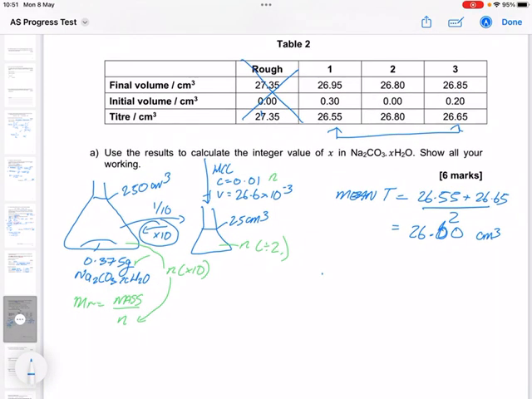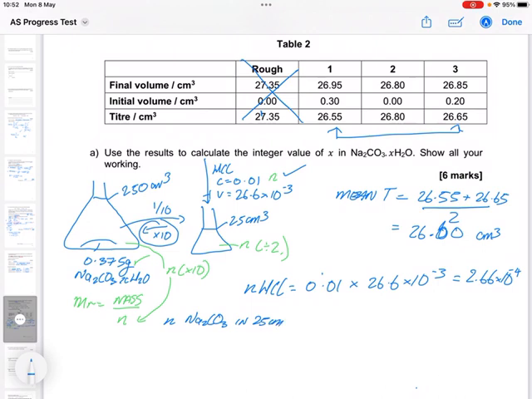So let's start this off then. So number of moles of HCl is equal to concentration 0.01 times the volume 26.6 times 10 to the minus 3, and that gives me 2.66 times 10 to the minus 4, so that's that bit there. So to get my number of moles of sodium carbonate, Na2CO3, now this is in the 25 centimetres cubed.